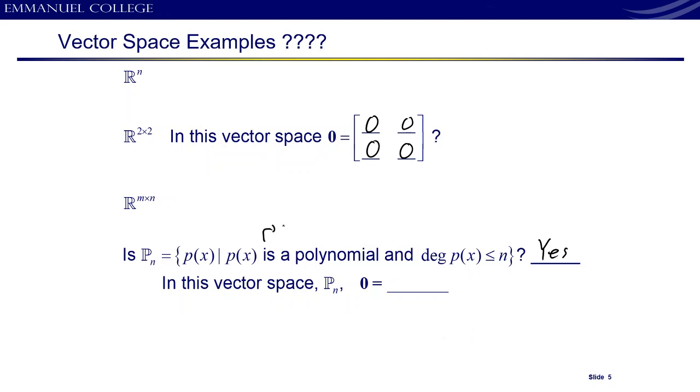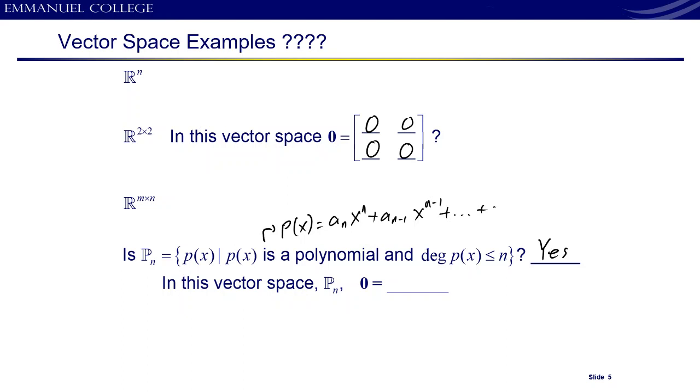So anything in here is going to be a polynomial. So go back to that definition. Whole numbers for your exponents times real coefficients. So we have a_n times x to the n plus a_(n-1) times x to the n minus 1 plus, and this would continue onward.